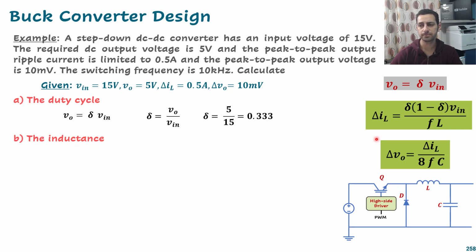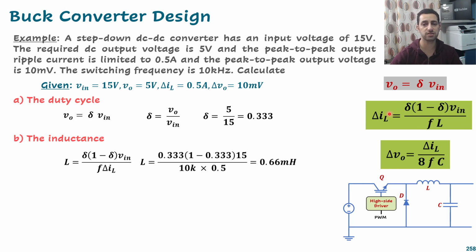Now, the second requirement is the inductance. I think we are looking at the available equations, and we see the inductance can be calculated by this equation if we know delta I, if we know the frequency, if we know Vn, and if we know delta, and all are known. So we can just substitute all the values in the inductance equation, and we can get it as 0.66 millihenry or 660 microhenry.